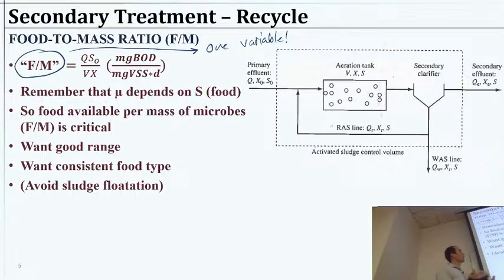And in general, just tangentially, we want a good food type. If bacteria are used to munching on the typical stuff that's flushed down a toilet, and suddenly we feed them a whole bunch of oil and grease from, I don't know, a restaurant, we might have the wrong bacteria to handle that. There probably are some bacteria that can do it, but if their food changes, suddenly we might not get the good biological activity.